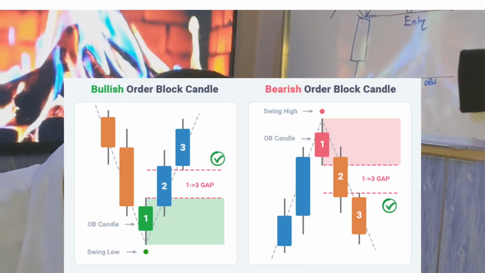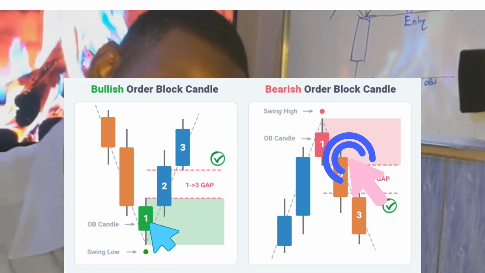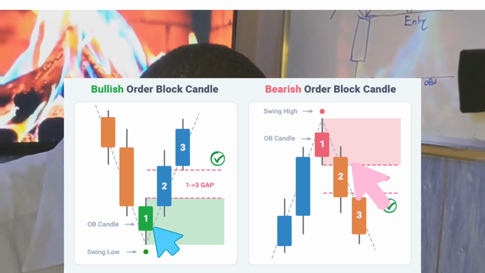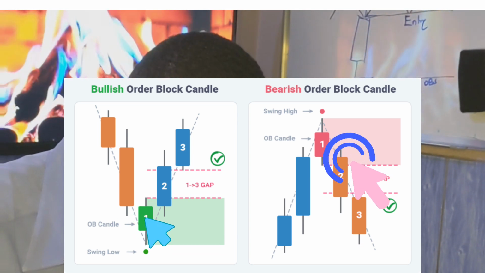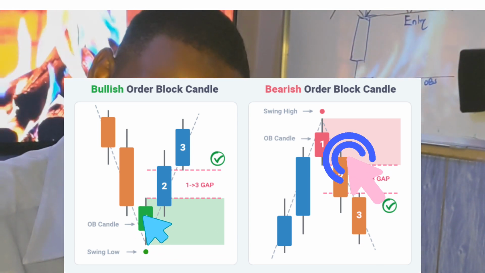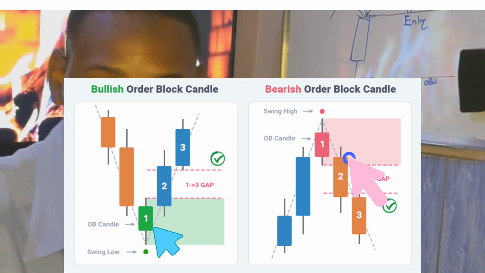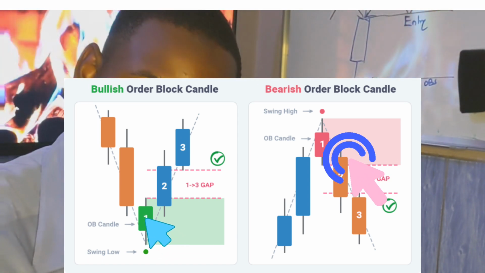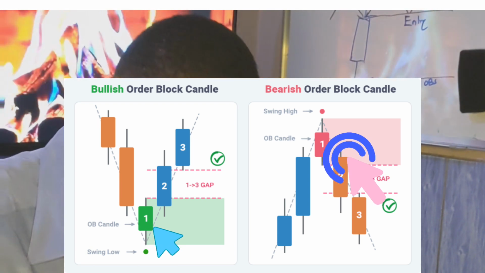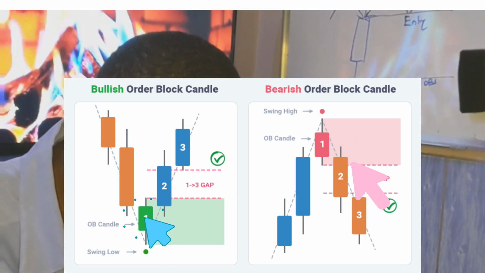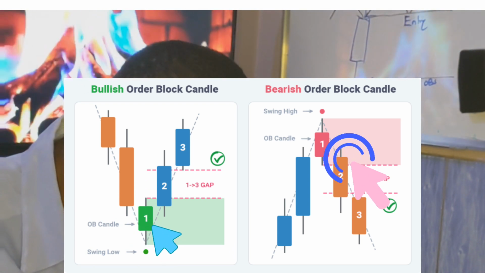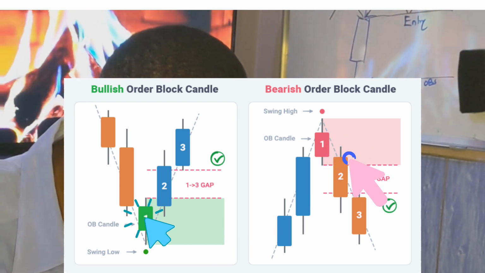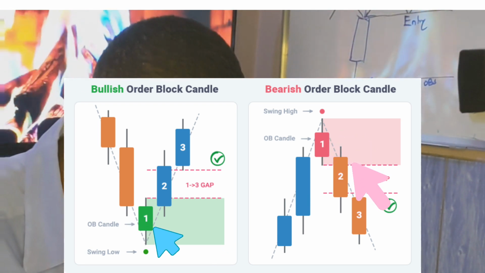For the order block to be valid, we check this thing first: the candle must close below the previous candle low. If the candle where we are drawing the order block closes below the previous candle, that's a valid order block.